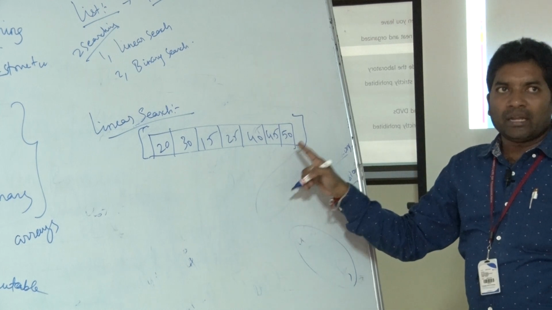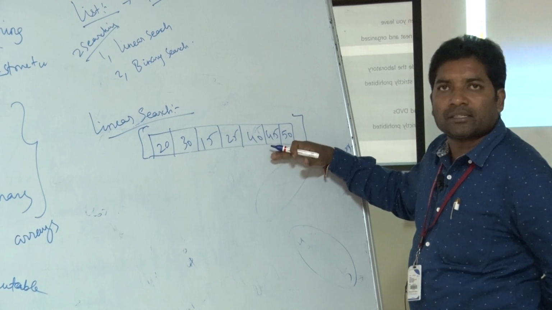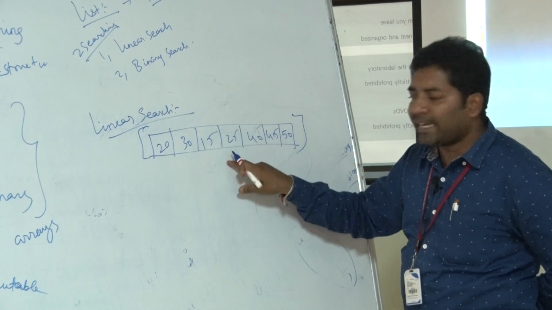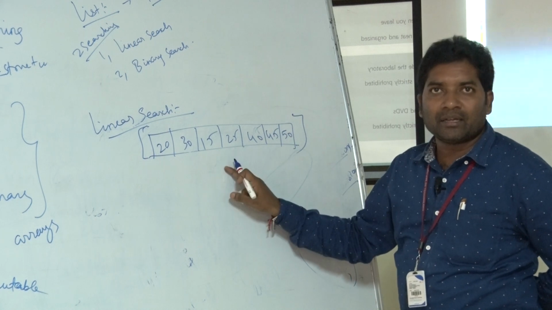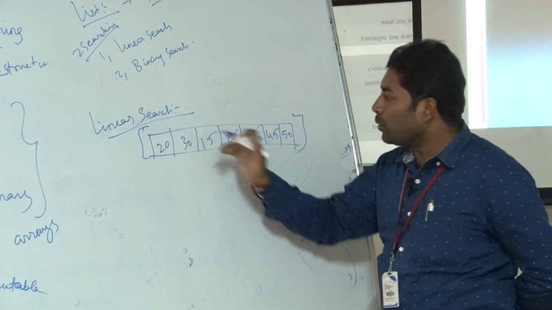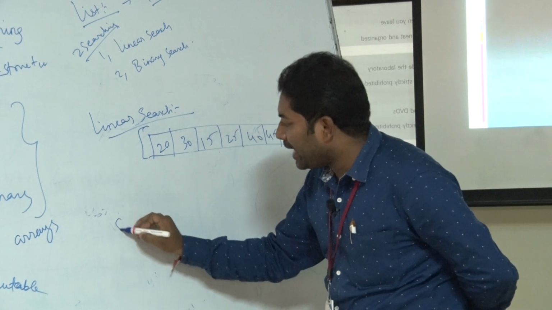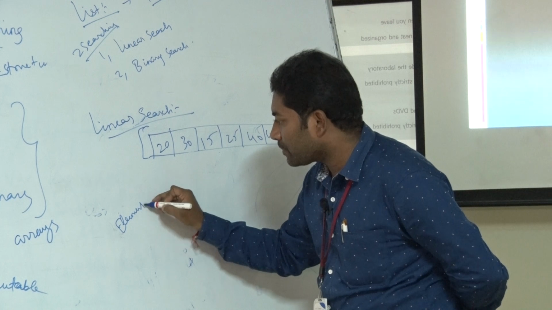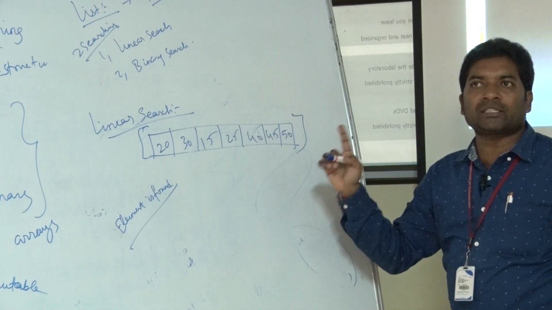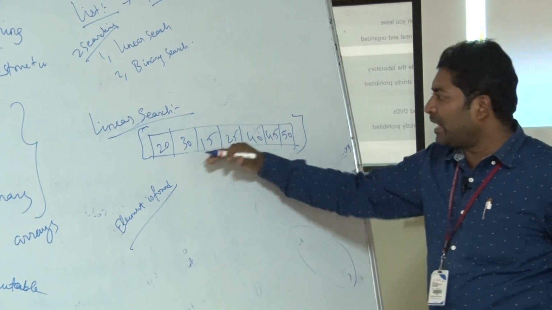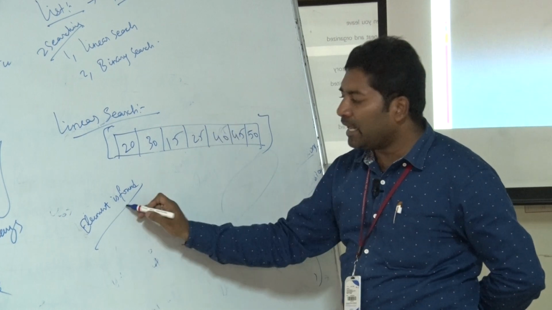In this collective list, I have to find the element which I want. If it is present, it says the element is found. If the element is not present in the list which I asked for, then it says the element is not found.